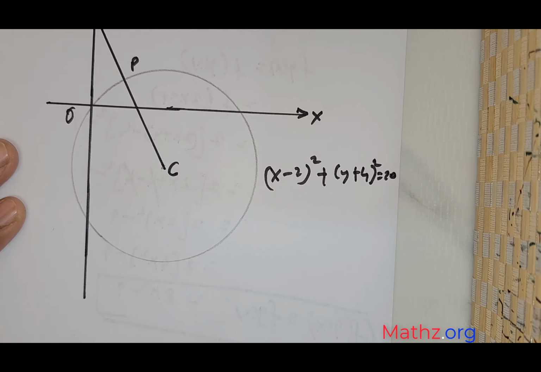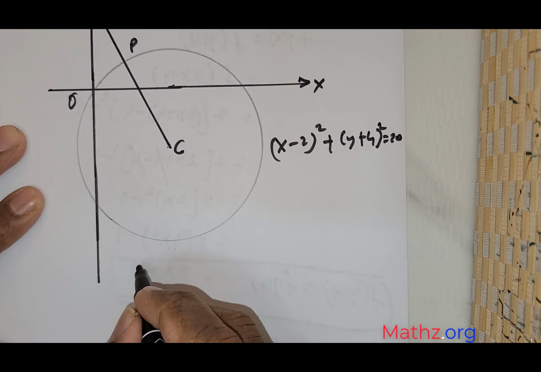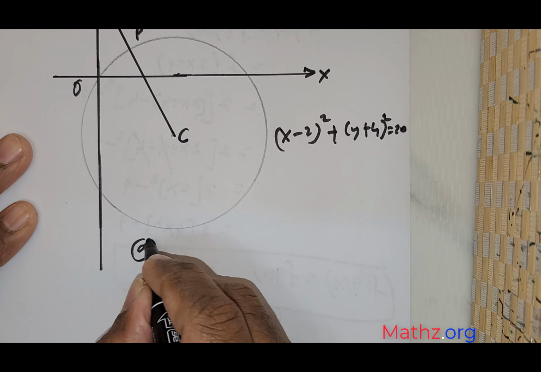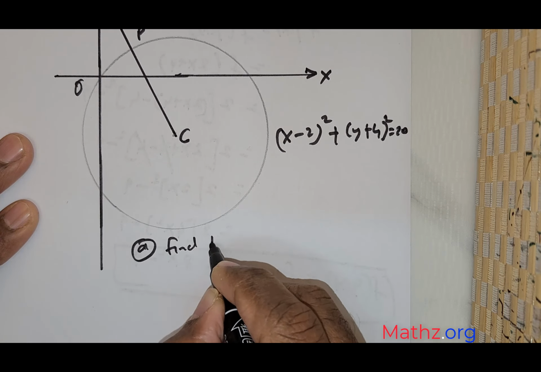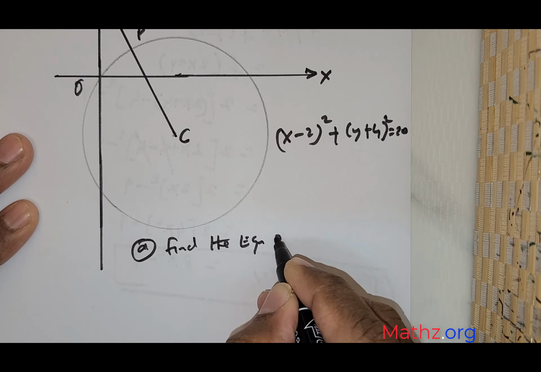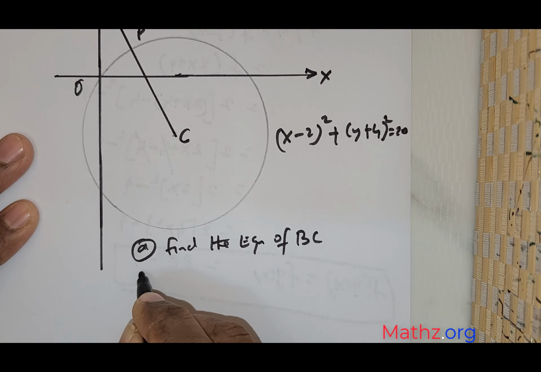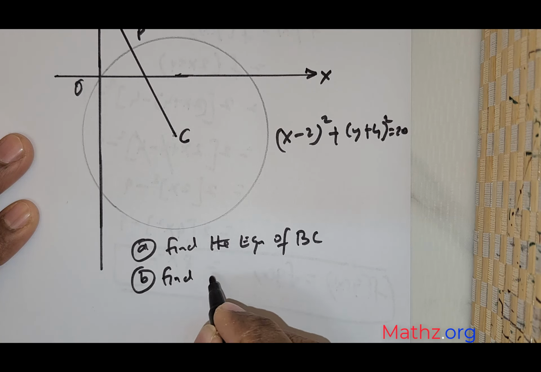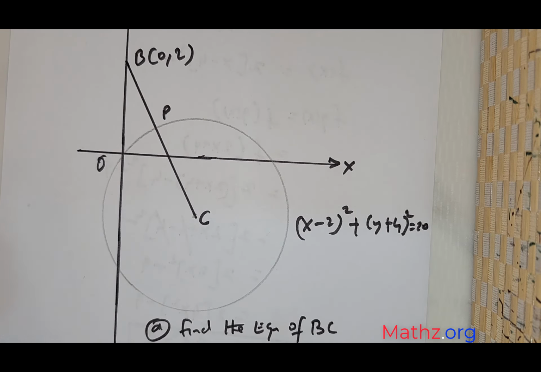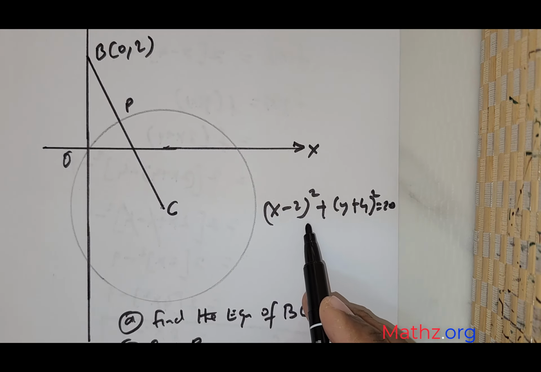Now what they want is to find, there are two parts in this question. Part A, find the equation of BC. Part B is find P, the coordinate P. Okay, and this is the equation of the circle.